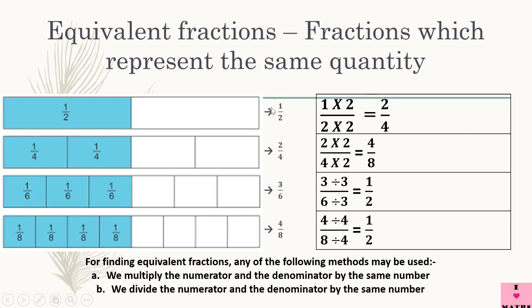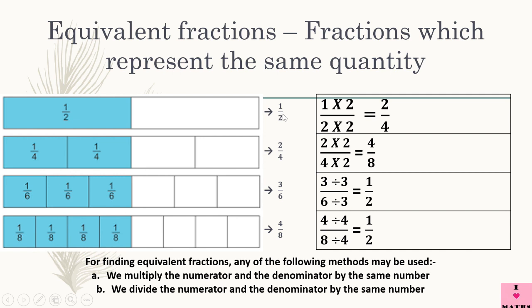So the fractions, they may look different. 1 upon 2, 2 upon 4, 3 upon 6 and 4 upon 8. They are looking different. But they are representing the same amount. You can see that the amount is the same. The shaded portion is the same in all these chocolates.